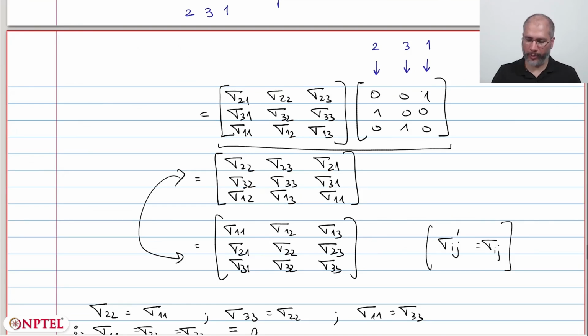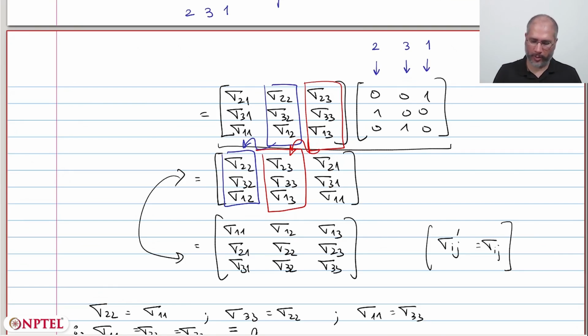So we have the second column of sigma first, then we have the third column of sigma second, and then we have the first column of sigma third. So as I said, permutation matrix multiplied to the right is column movement.